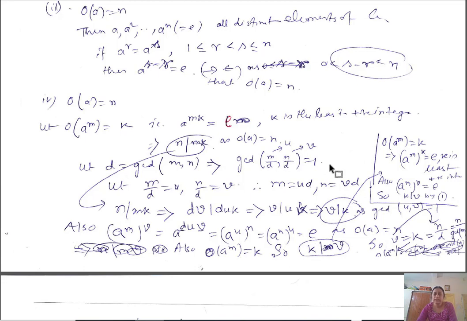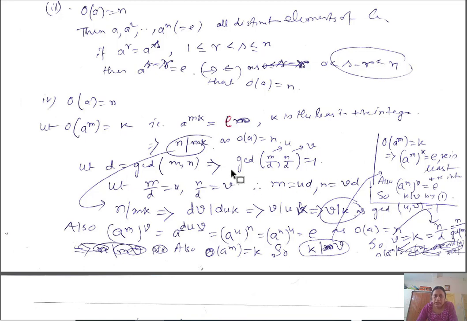Now suppose this I call u, this I call v. So u equal to m by d and v equal to n by d. This implies m equal to ud, n equal to vd.